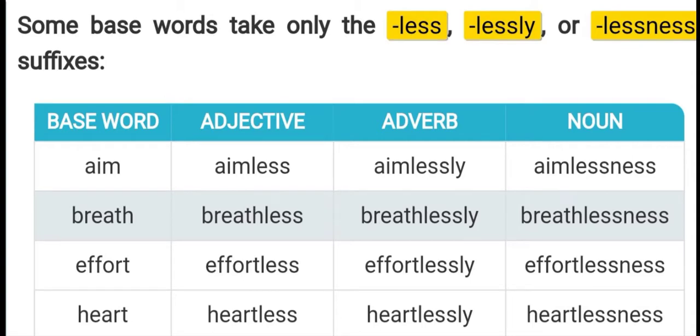For example, base word, adjective, adverb, and noun. Aim, aimless, aimlessly, aimlessness. Breath, breathless, breathlessly, breathlessness. Effort, effortless, effortlessly, effortlessness. Hurt, hurtless, hurtlessly, hurtlessness.